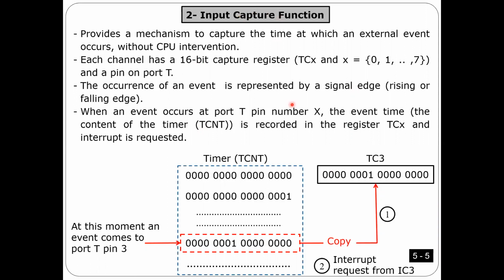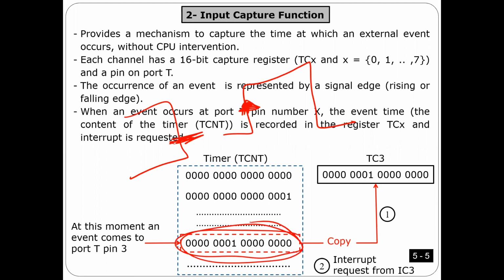Once there is a rising edge or falling edge, which you can program as I'm going to explain later, and you have connected the signal to a pin, the input capture automatically takes the current value of the counter and stores it in the register TC of that channel. For example, if you use channel 3, it is TC3.